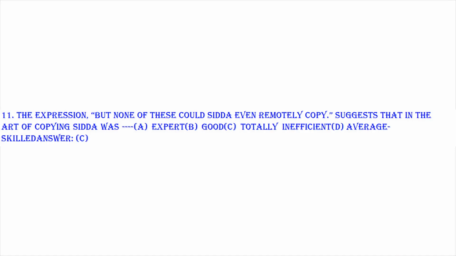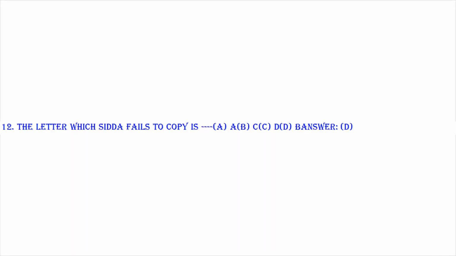11. The expression, but none of these could Siddha even remotely copy, suggests that in the art of copying Siddha was: A. Expert, B. Good, C. Totally inefficient, D. Average skilled. Answer, C. 12. The letter which Siddha fails to copy is: A. B, C, D, B. Answer, D. 13.